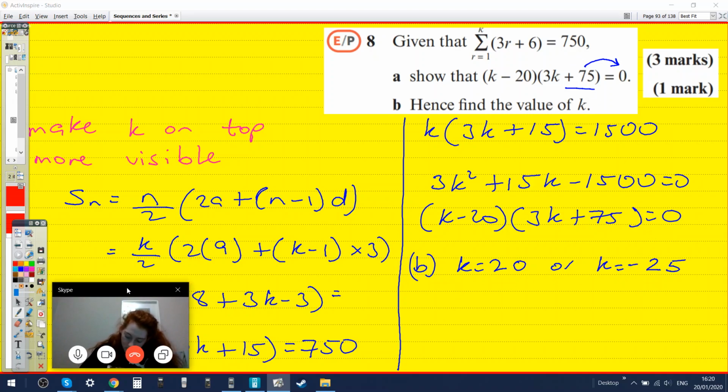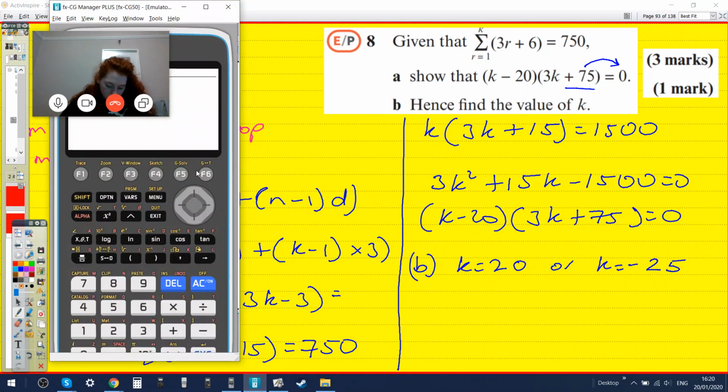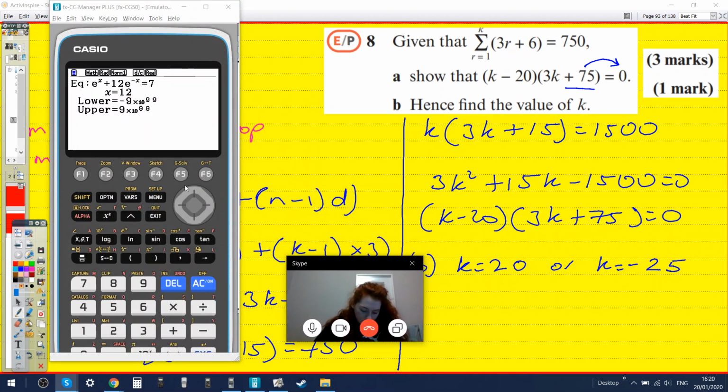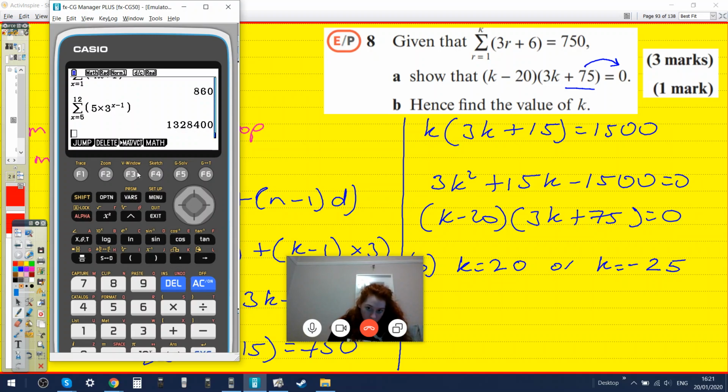How could you check your answers? We could use that setting. I'm gonna check. Option.